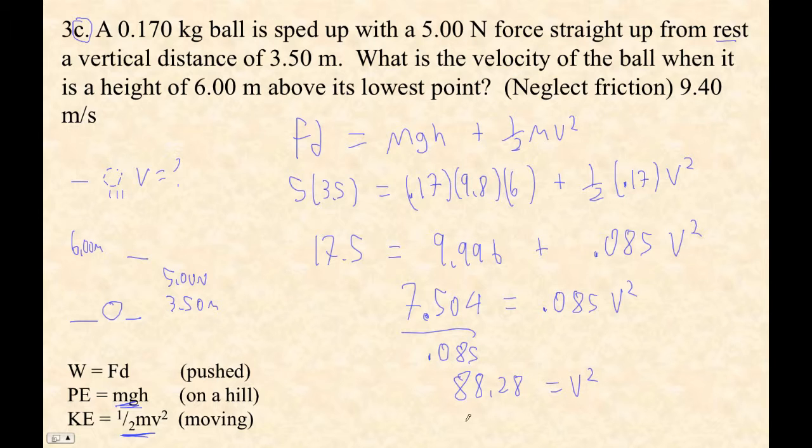Now I'm going to square root it. So the square root of 88.28 is 9.3958, or 9.4 meters per second. All right, that's our velocity.